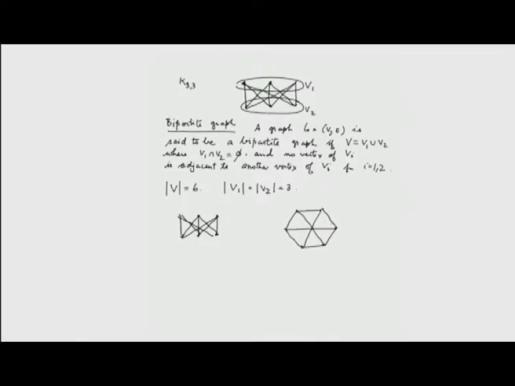So, this I leave for exercise, that these two graphs are isomorphic. So, if I call this K3,3 and this simply H, K3,3 and H are isomorphic.